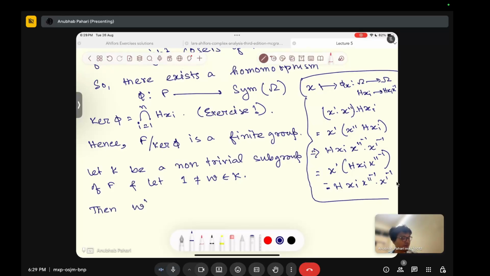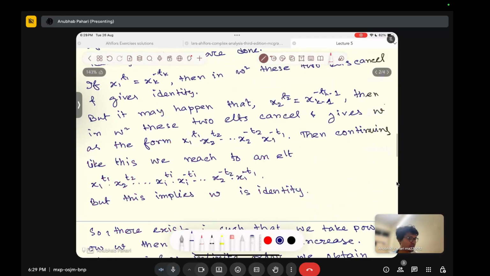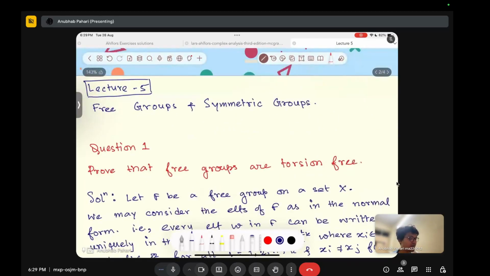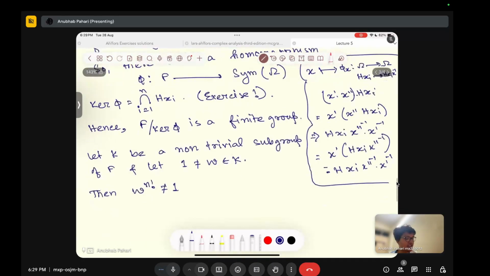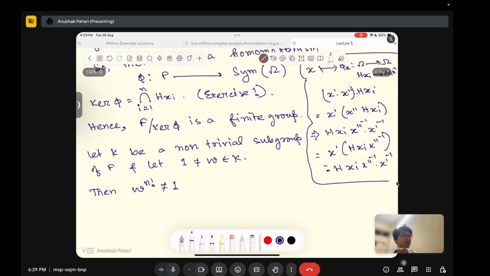this W to the power n factorial is not identity, right? Because what we just proved in the first case is that free groups are torsion free, so every element has infinite order, right? Then W to the power n factorial is also a non-trivial element, right? But you see that W to the power n factorial belongs to kernel phi, right?